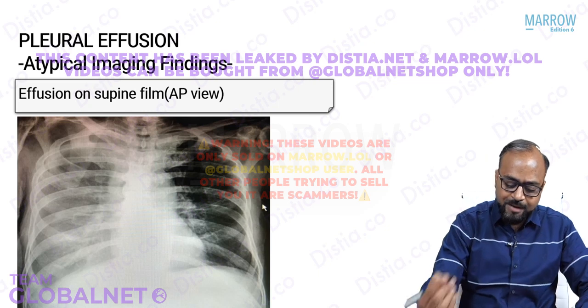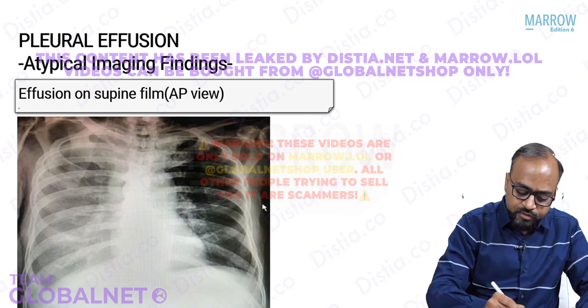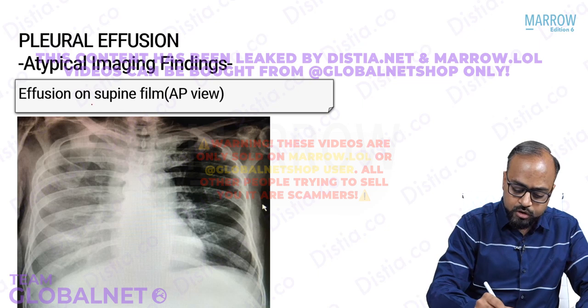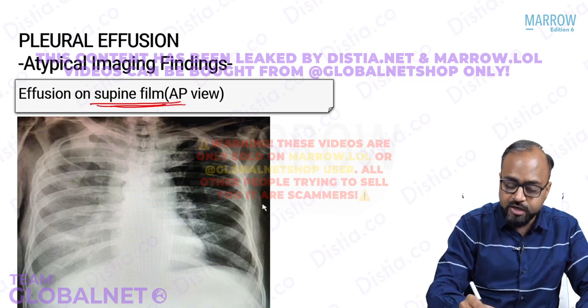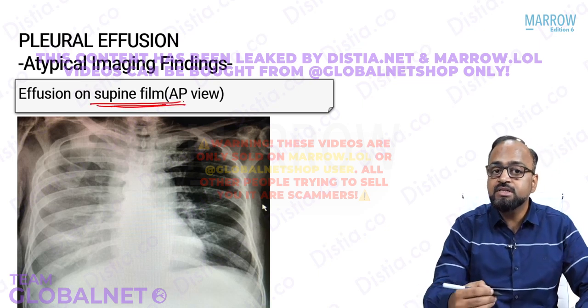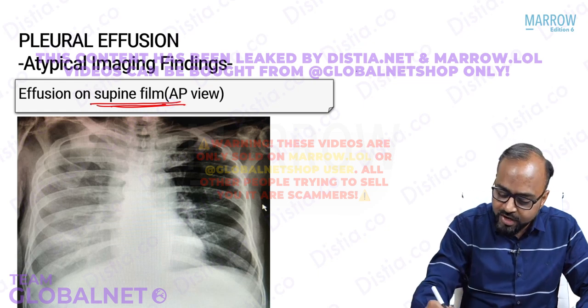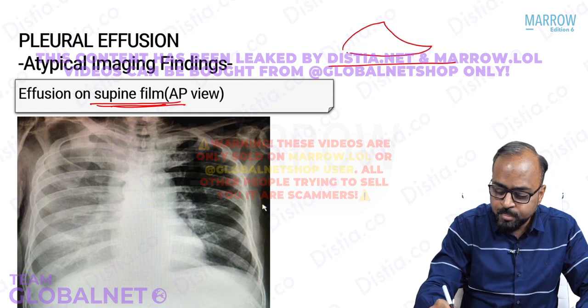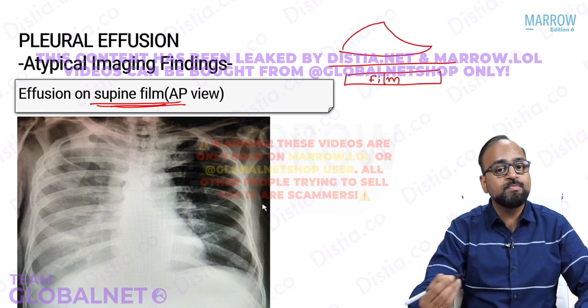Now, what will happen, right, if you see effusion on a supine film or an AP view? Means what? The patient is critically ill, right? So what happens? The patient is lying down on the bed like this, and you keep an X-ray film below the patient's body. So this is the X-ray film and a radiograph is shot in a supine position.